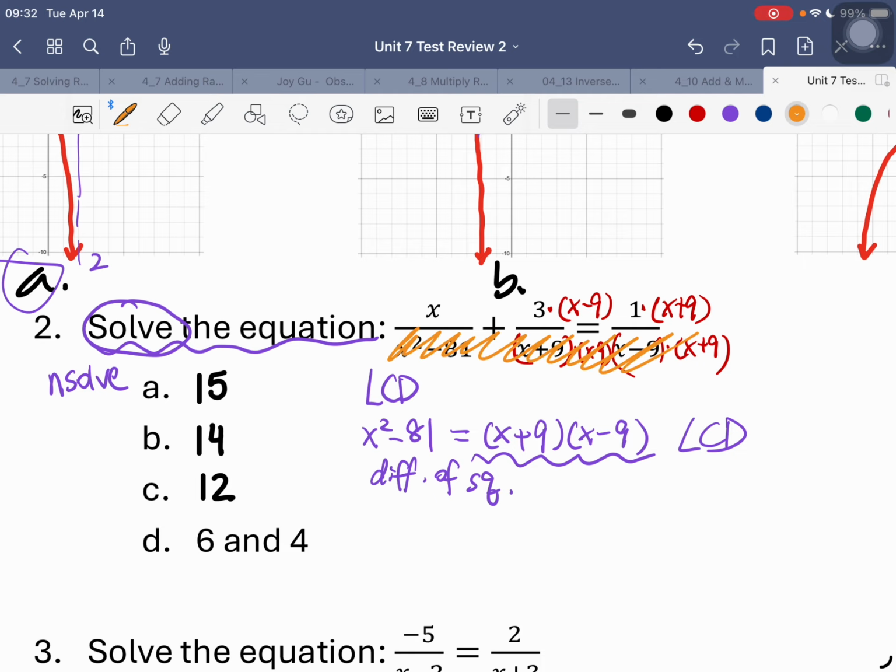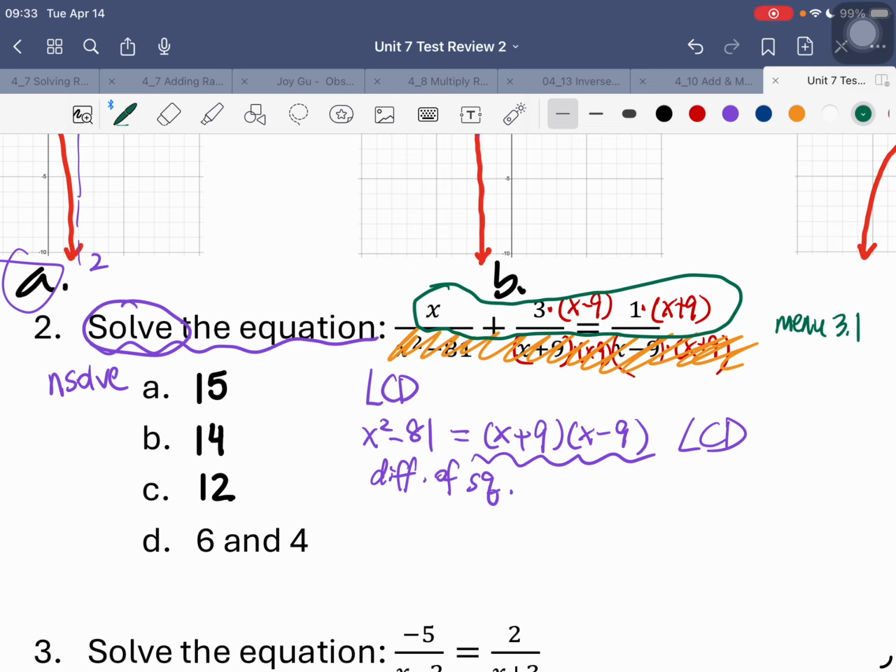I can scratch out the bottom, just leave the top, and I type the entire top into the calculator. Don't forget to put comma x, and then parentheses. So for my pre-AP class, this is what I'm expecting, at least find the LCD, and then use and solve, menu 3-1.